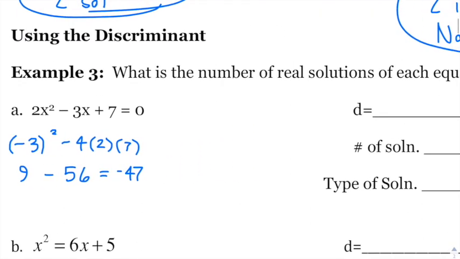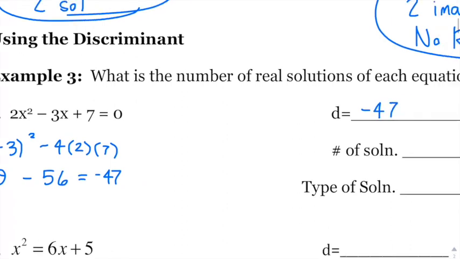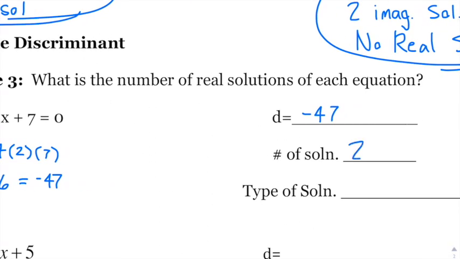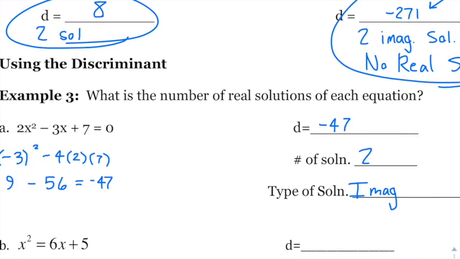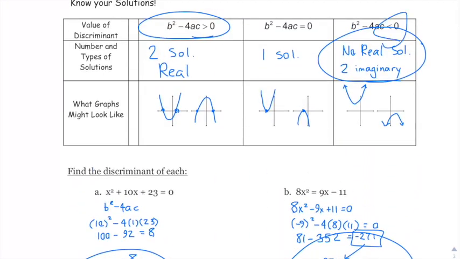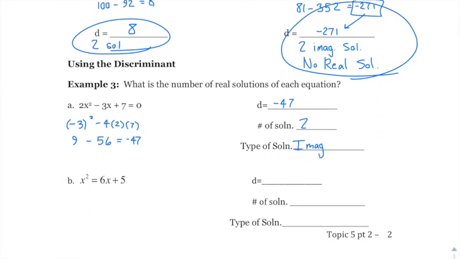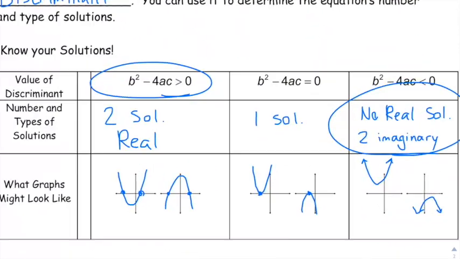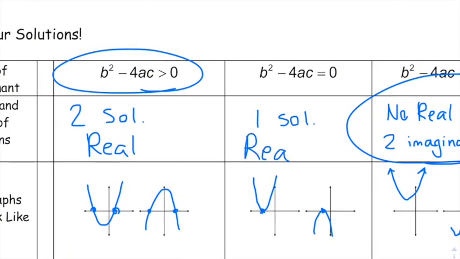So obviously that means you're going to have 2 imaginary solutions because the discriminant was negative. Use this chart above here. If it's negative, 2 imaginary solutions. If it's positive, 2 real solutions. If it's equal to 0, you just say it's 1 real solution. I probably should write that here, 1 real solution.